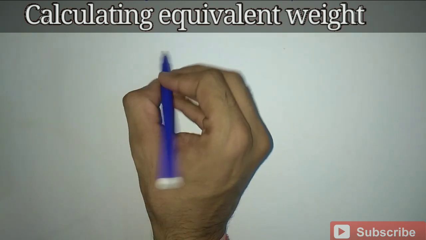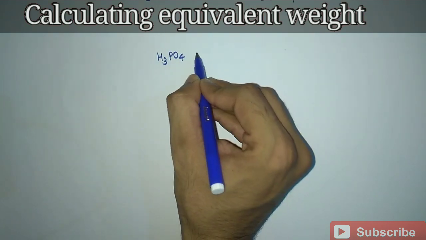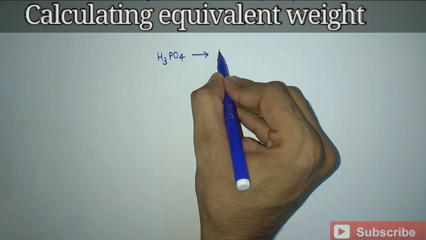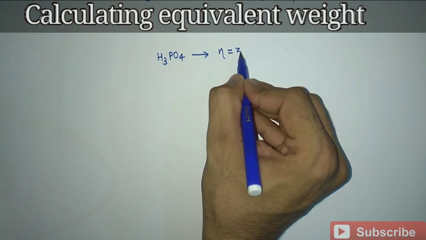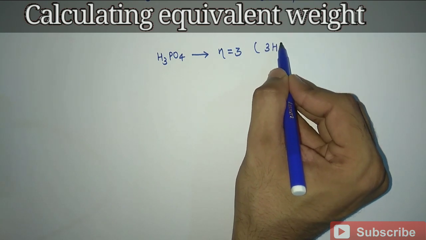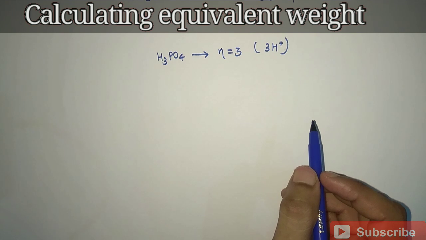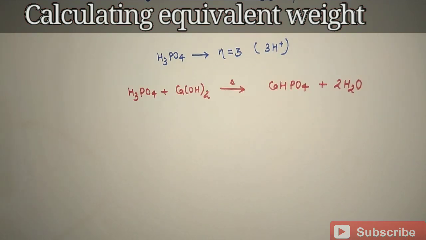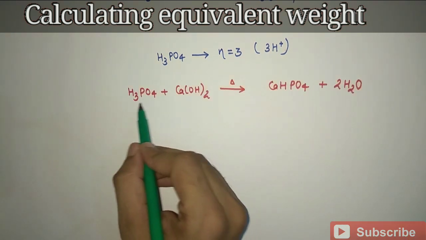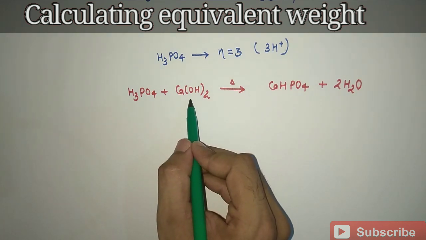Just like I have told you that H3PO4 has the equivalence factor 3, because it has 3 replaceable H plus ions. Now consider the reaction in which phosphoric acid, that is H3PO4, reacts with calcium hydroxide.